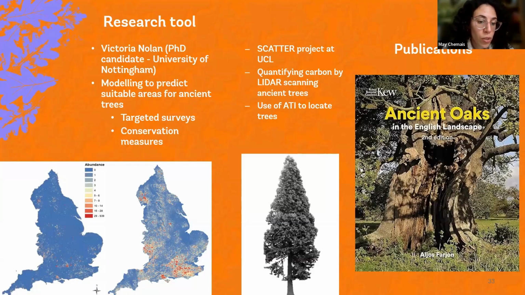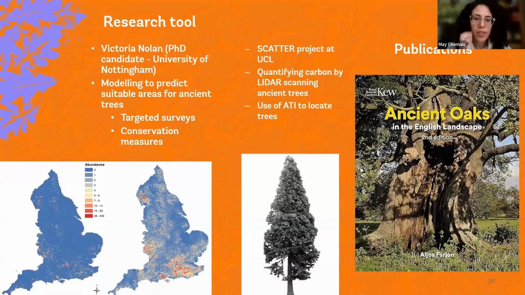It would be really interesting to delve into this in Wales, Scotland and Northern Ireland as well. Unfortunately, the data isn't as complete in those areas as it is in England. It's very easy to find ancient oaks in England, especially in the south. It gets a lot harder as you go higher up into the uplands and other areas.